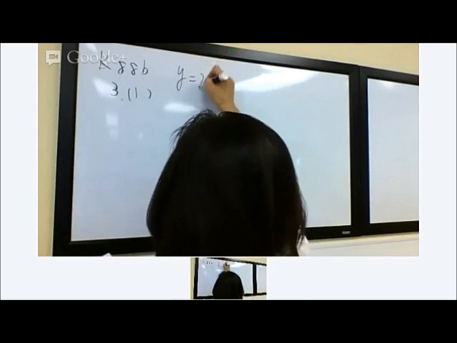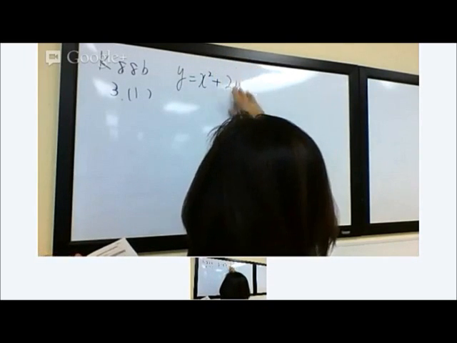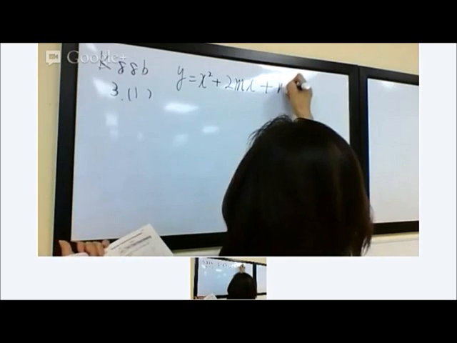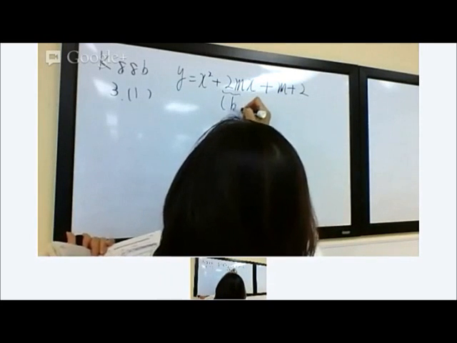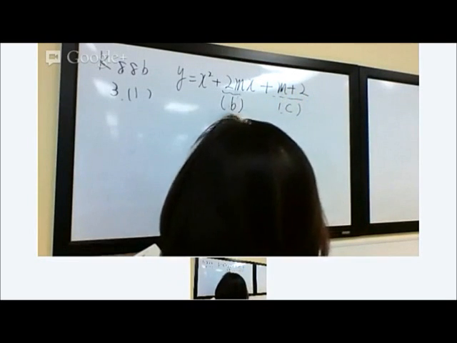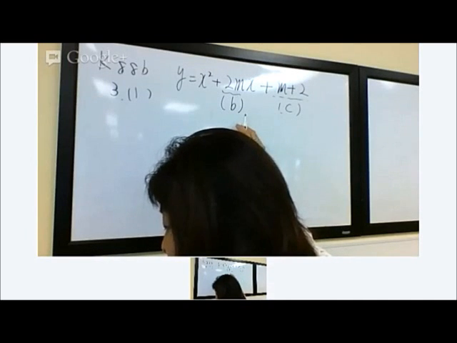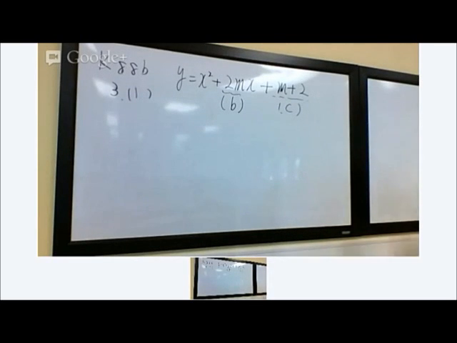Anyway, y equals x squared plus 2mx plus m plus 2. So this is A, this is B, this is C. Then determine the range of the value of the constant m so that the graph of the quadratic function y equals x squared plus 2mx plus m plus 2 satisfies the following condition.